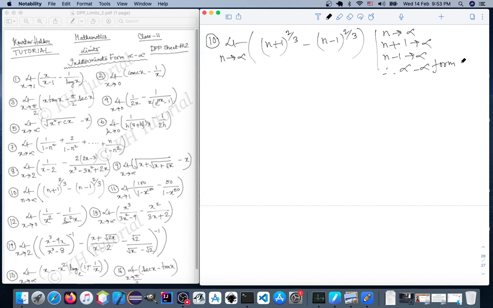Again, we see n plus 1 to the power 1 by 3. Basically, we have to get rid of this minus.